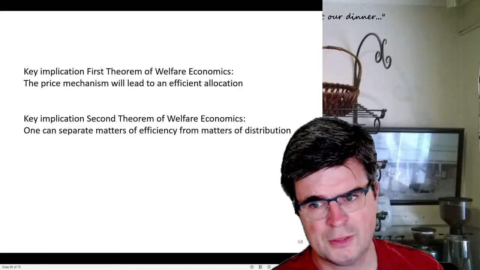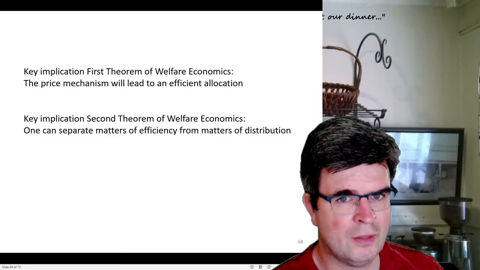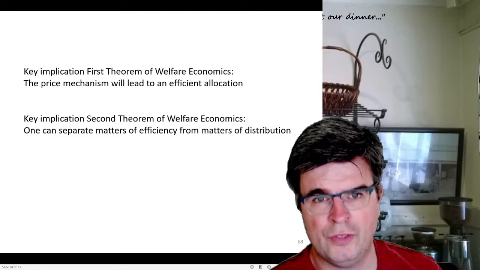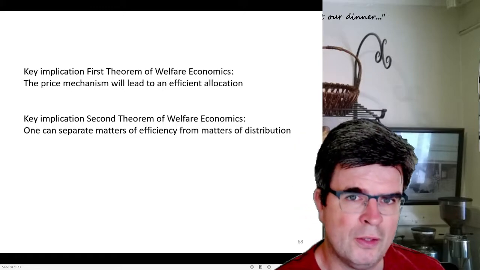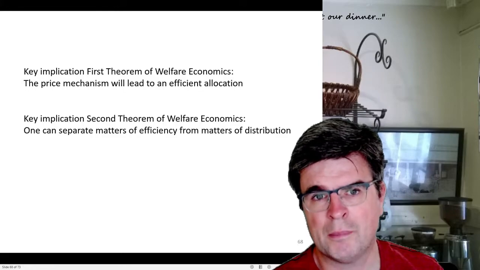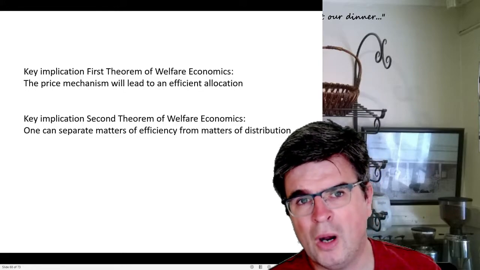So for governments, that's important because it tells them that they can separate the important issue of efficiency, you want an outcome to be efficient, from the other consideration that they may have, like having to care about the distribution, who gets which part of the pie.